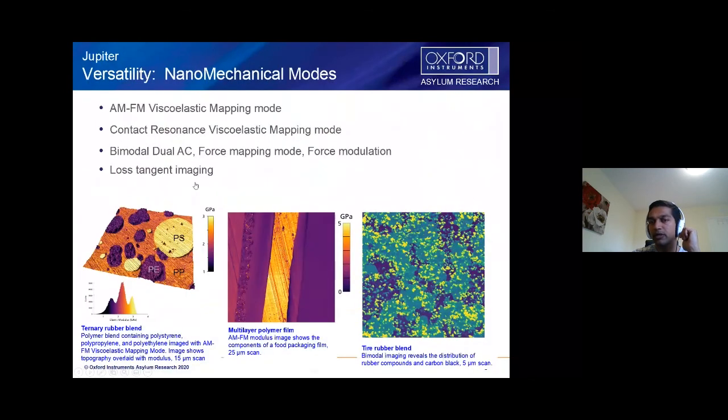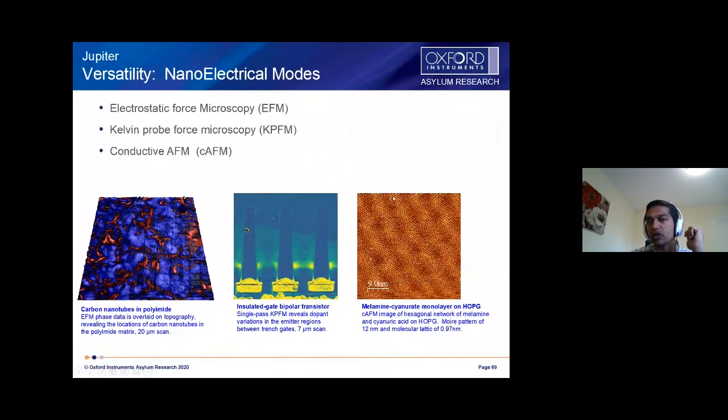I'll show you a picture here real quick. The image on the right is a conductive AFM image, and we are getting STM quality data. So I think more and more user groups are choosing conductive AFM over STM for doing ultra high resolution measurements.